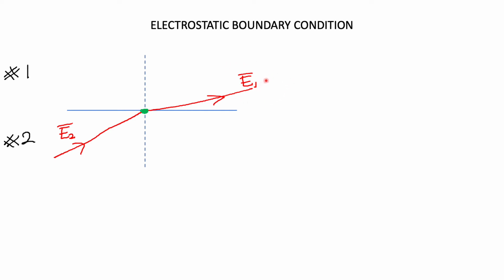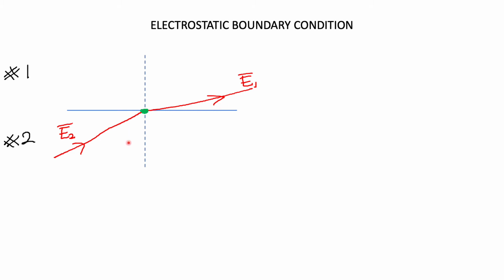So what we want to do next is create an equation at this point where we relate the E2 with the E1. The general observation that we can make now is that when we change the medium, the direction will change.